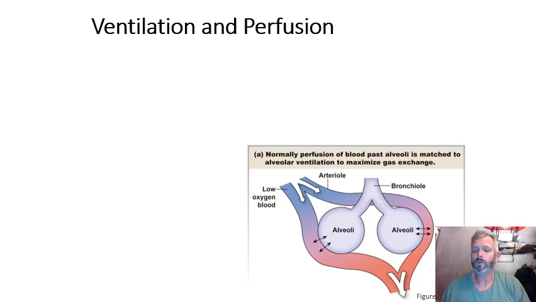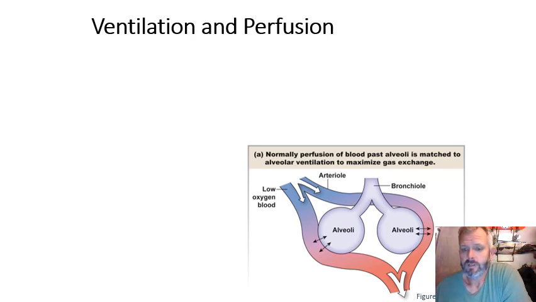And so what we want to do is match. We have the alveoli and the capillary beds that wrap around them. We want to match the perfusion of blood around those alveoli that are well ventilated. Again, not all areas of the lungs are as ventilated as greatly as others, and so we want to match where ventilation is greater.